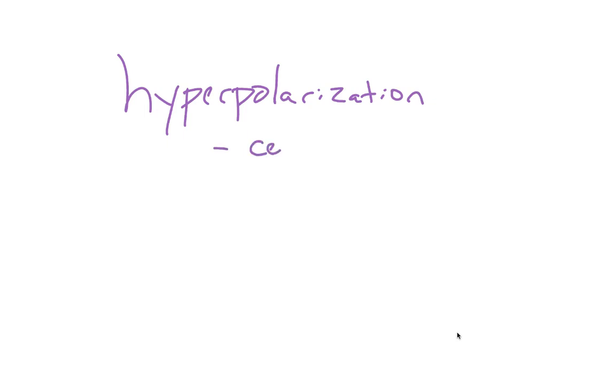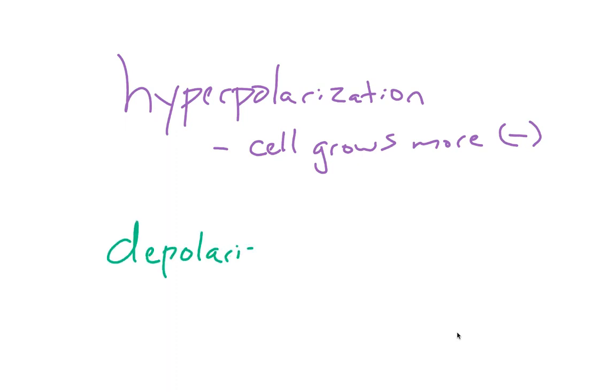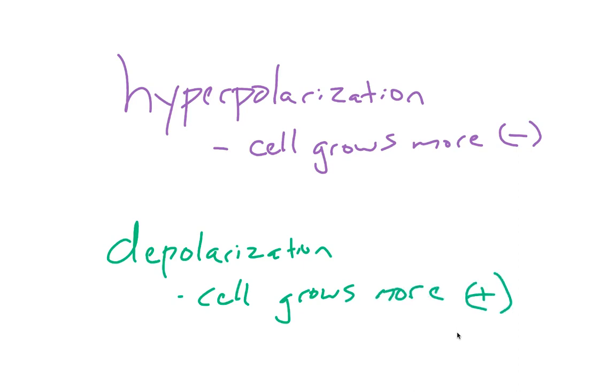The cell grows more negative. With a depolarization, the cell grows more positive, so it comes closer to threshold. And so I want to link these terms with an EPSP and what we're going to call an IPSP.